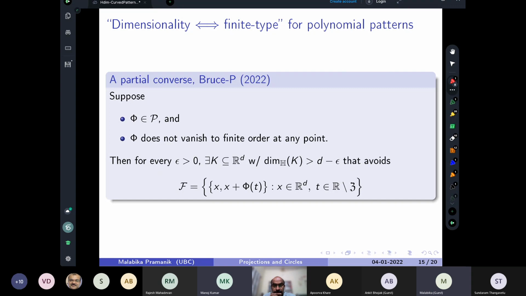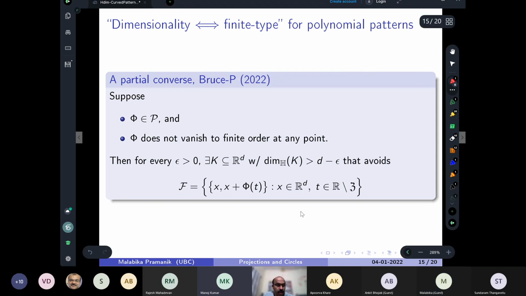So the converse side, what we need to do is in any dimension, we have to also show that there are very large sets that do not contain any polynomial patterns if those polynomial patterns fail to be of finite type. And that's a very separate construction of a space filling graph that was not present at all in Kuca, Orponen and Sahlsten's work, which we had to do.